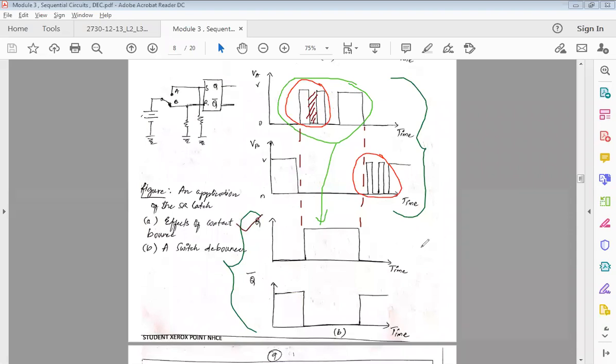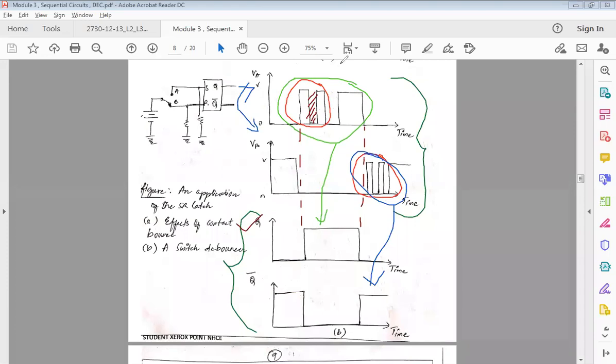Now let us see the opposite, which is for your B. So in B, what is going to happen? All these irregularities that you see are all taken as high. So which means what we are trying to do here is Q is opposite to Q bar, right? So VA is also opposite to VB. So similarly, Q and Q bar are opposite to each other.